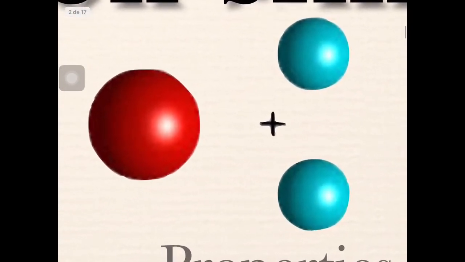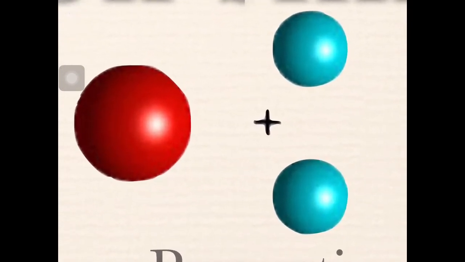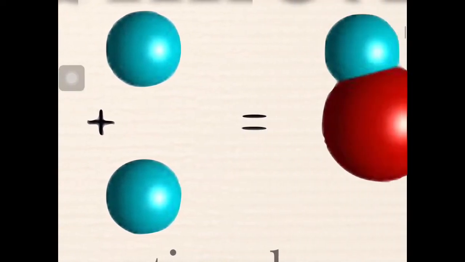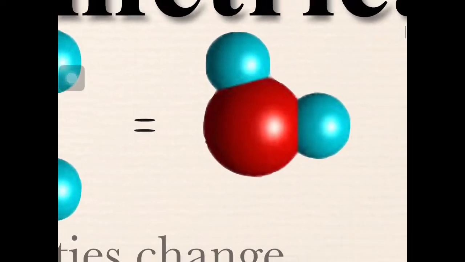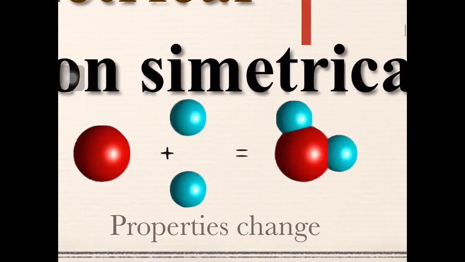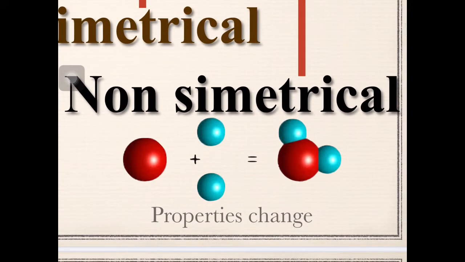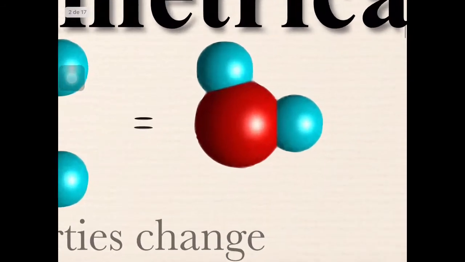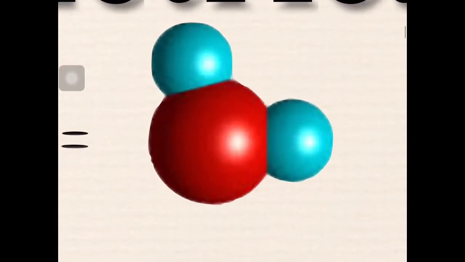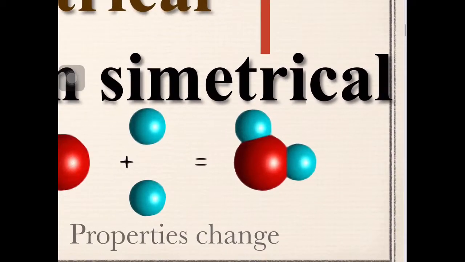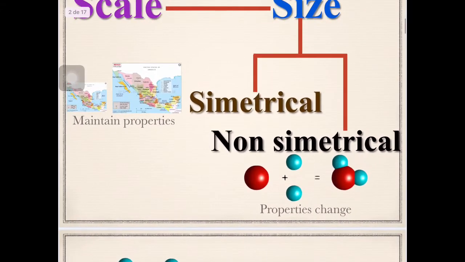You have a molecule of oxygen and two molecules of hydrogen, but when they come together, they are not going to have the same properties. For example, both oxygen and hydrogen are gases in nature, but the molecule that you get from joining these three atoms is going to be water, and it is in a liquid state, most usually in nature.